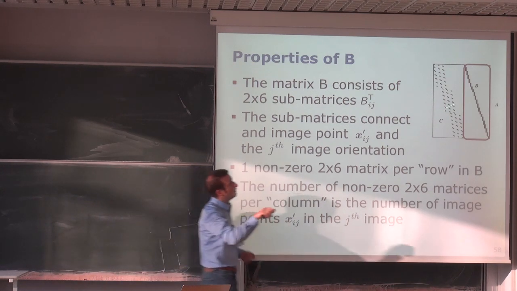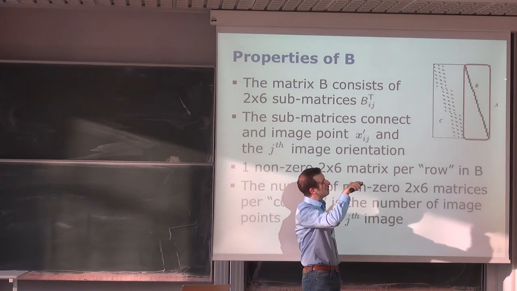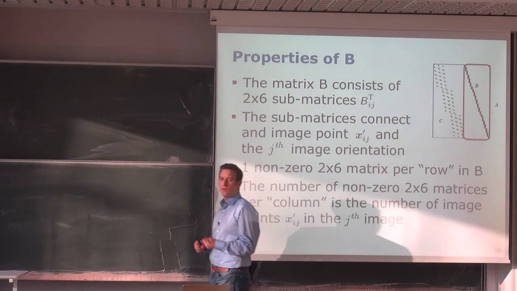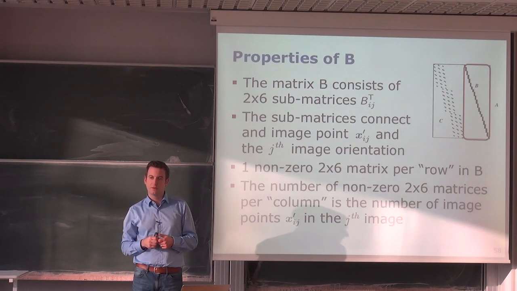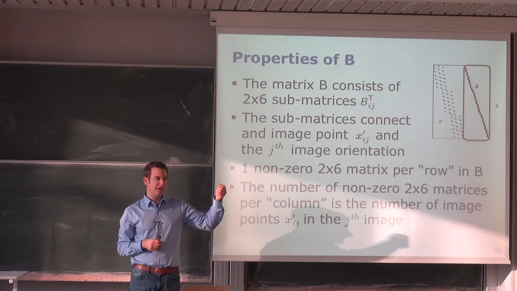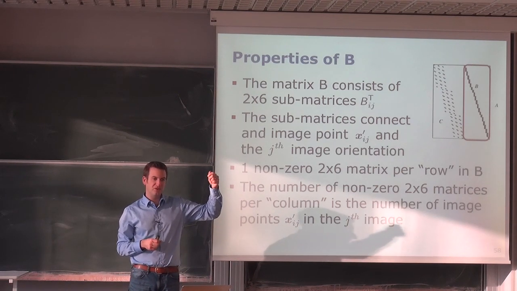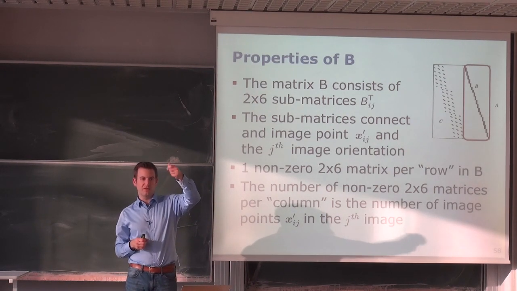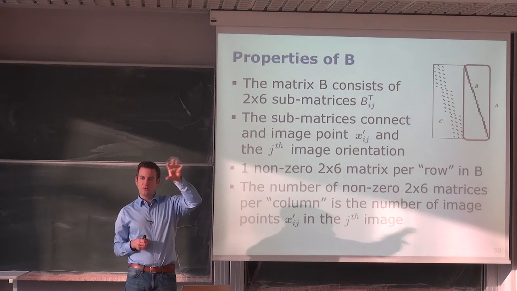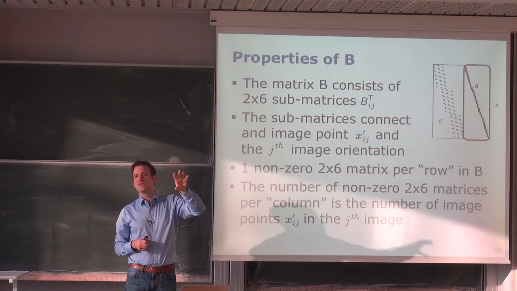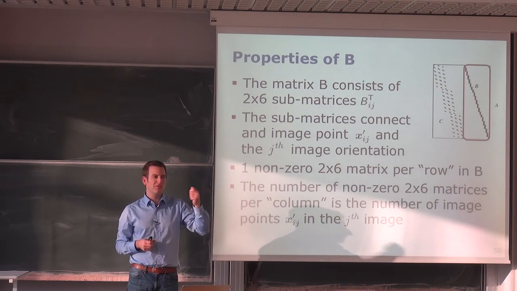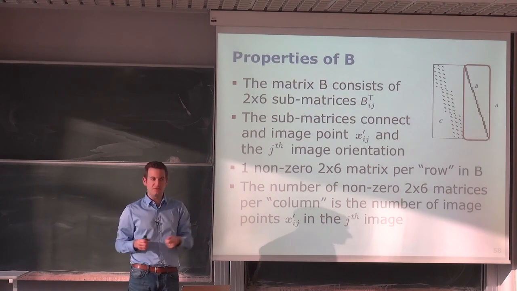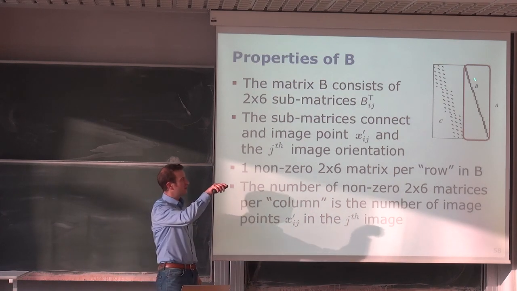And again, for every row in A, I have exactly one non-zero block, because one specific observation always belongs to one image, and therefore to one projection center of the camera and a 3D rotational component. One observation sits in one image, it doesn't live in multiple images. Therefore, I have just one element per row over here.